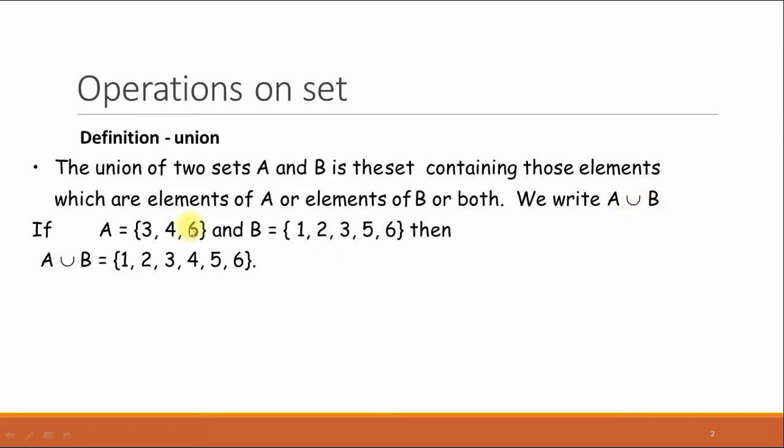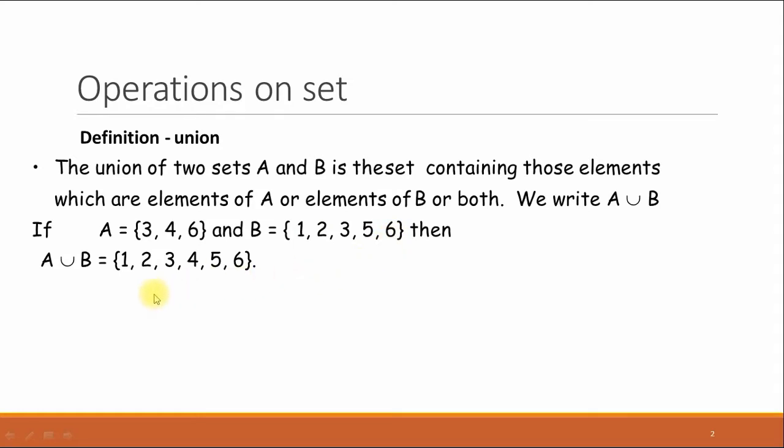For example, A is a set containing elements 3, 4 and 6. B is another set containing the elements 1, 2, 3, 5 and 6.